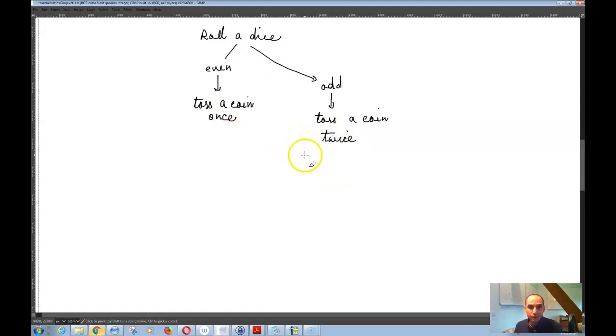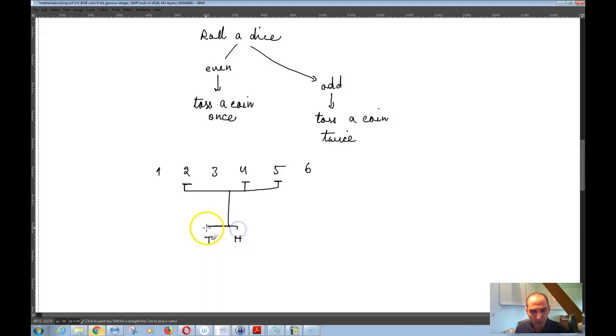So that means that when you roll the dice, you get either 1 or 2 or 3 or 4 or 5 or 6. Now if it's an even number, then you toss a coin once, and you will get either tails or heads.